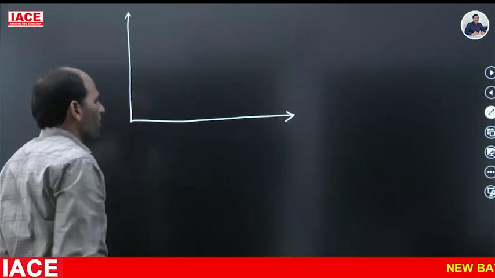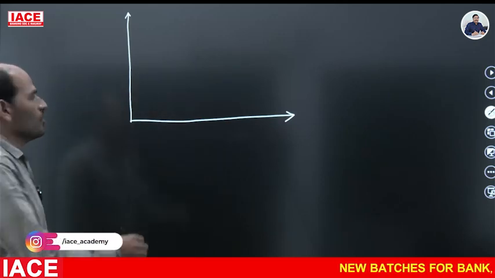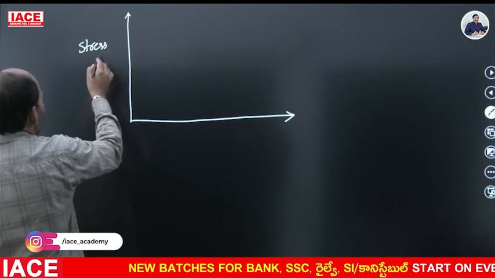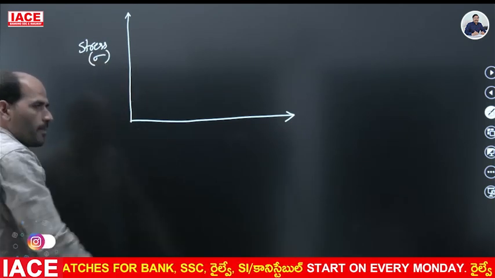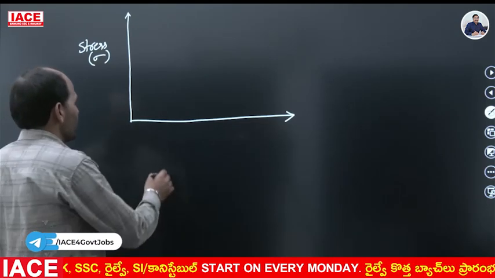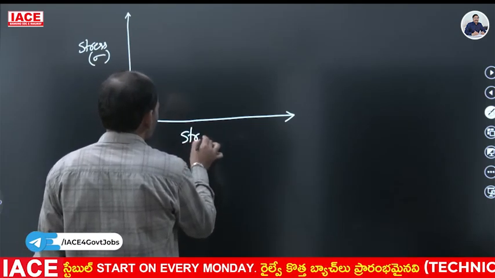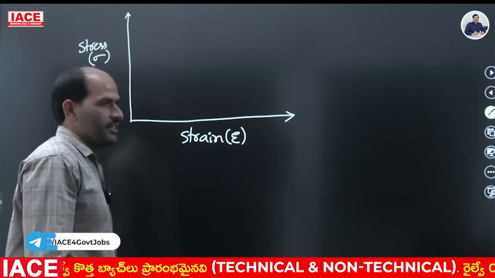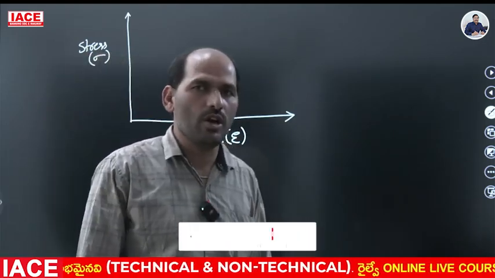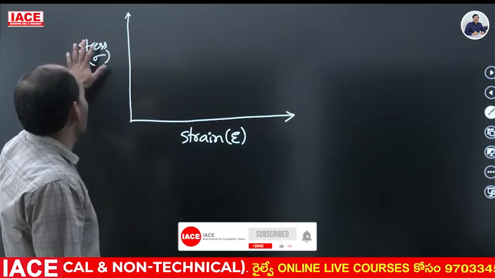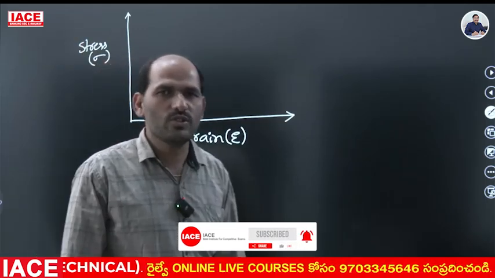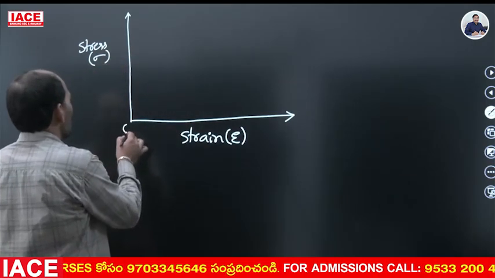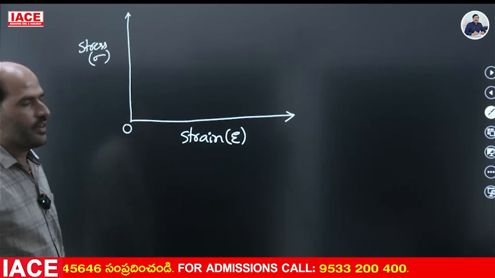We know that on the y-axis we take the stress, denoted by sigma, and on the x-axis the strain, that is epsilon. Write the stress on the y-axis and the strain values on the x-axis. This is the origin point, 0.